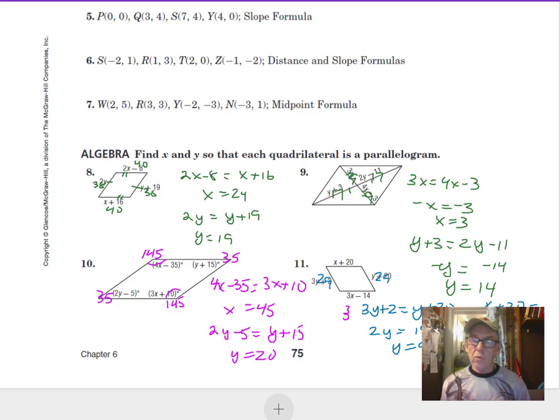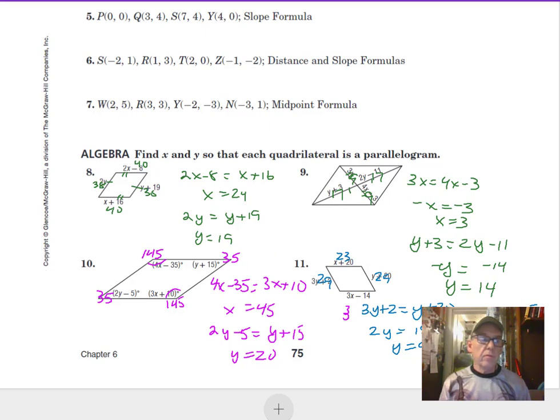X equals 3. Now if x is equal to 3, this top side is 23. And 3 times 3 is 9. Whoops, what's going on here? We get 23, we get 9, take away 14. Something's wrong with this one. Let me go back and redo this last one over again. Something's not right. Might be where I ran out of room and shifted downwards.